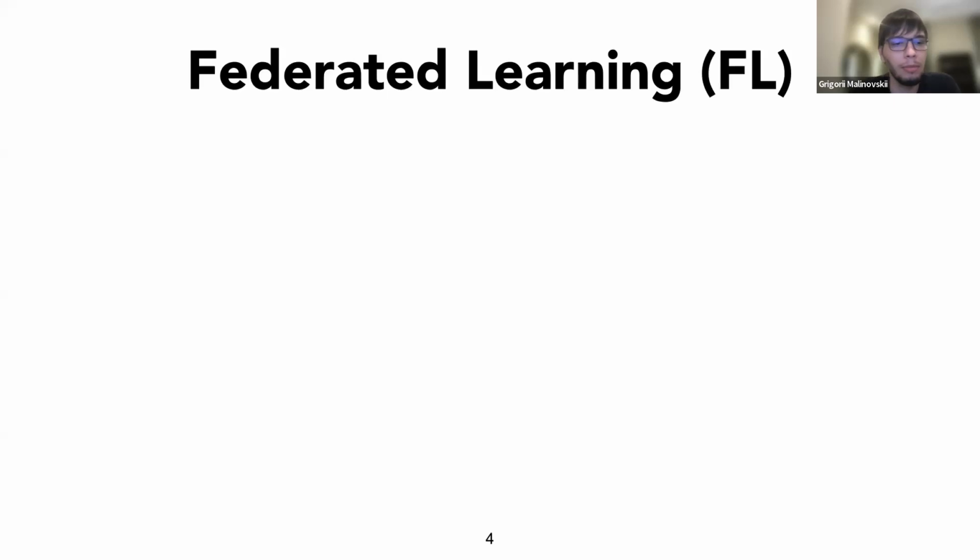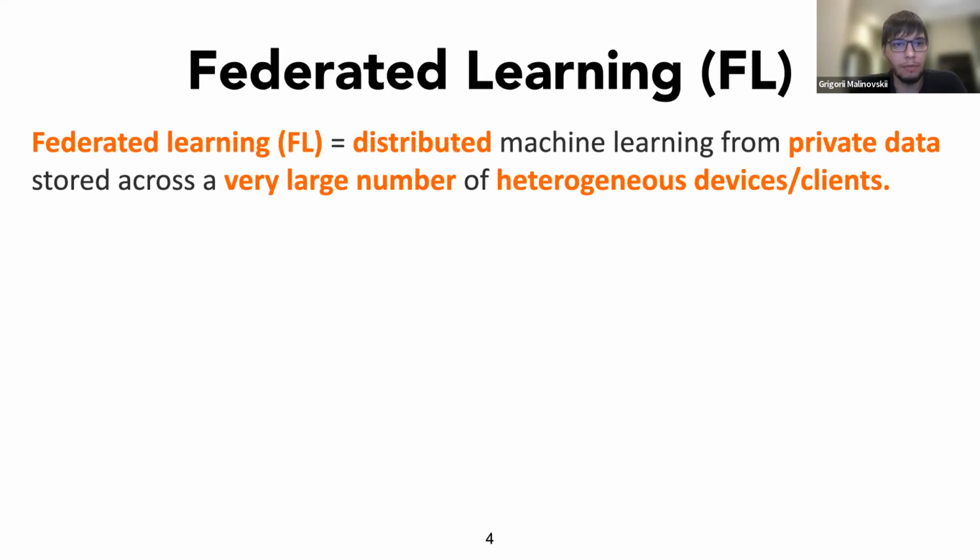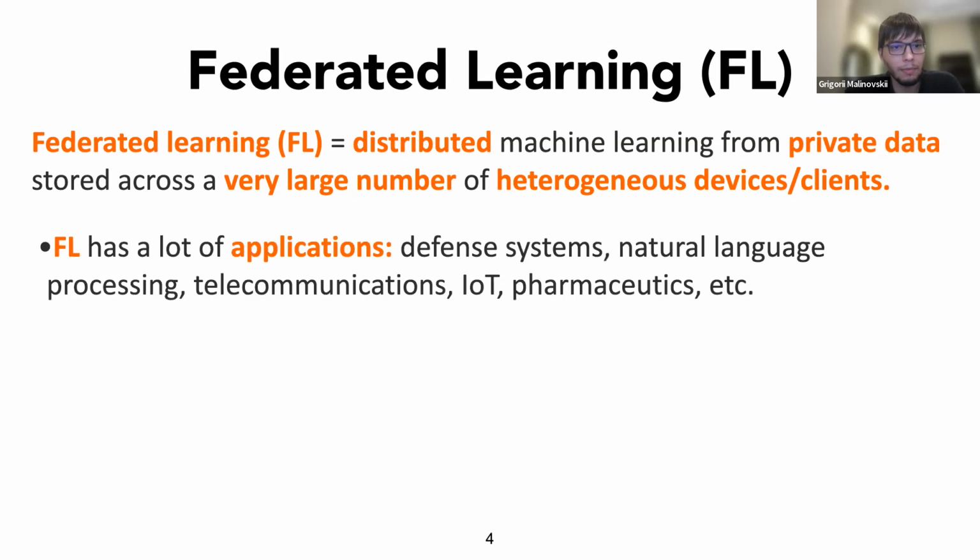Let me remind what federated learning is in general. Federated learning is a general framework for distributed learning that allows us to avoid sharing client data. Federated learning is a relatively new topic, but it has many applications such as medicine, Internet of Things, natural language processing, and many more.